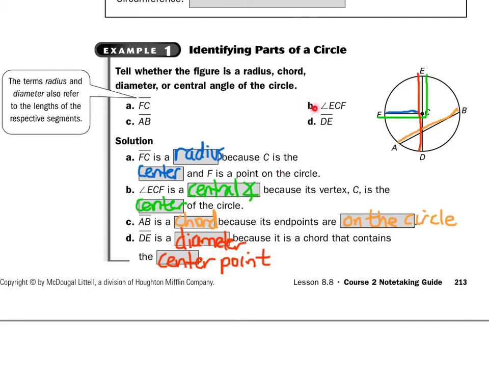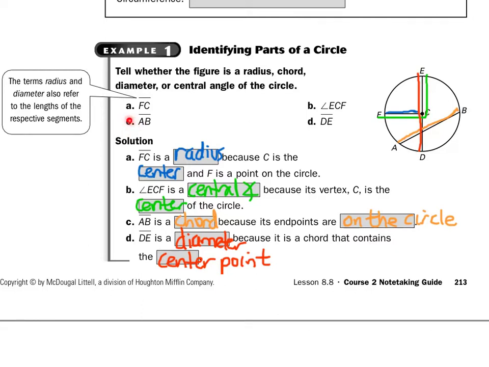Okay, look at B. If they want us to go for angle, this is pronounced angle ECF. So go from point E, go down to C, and then across to F. Well, they're already telling you that that is a central angle because the vertex of the angle is the center point.